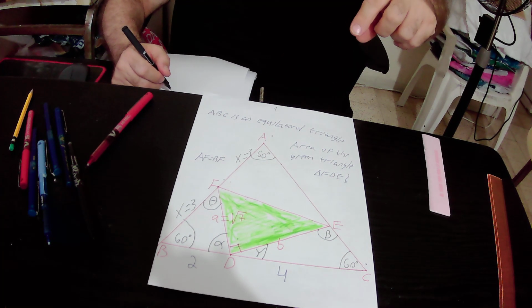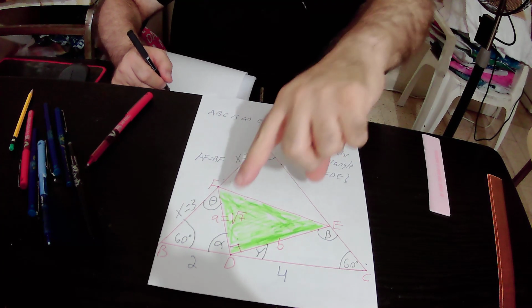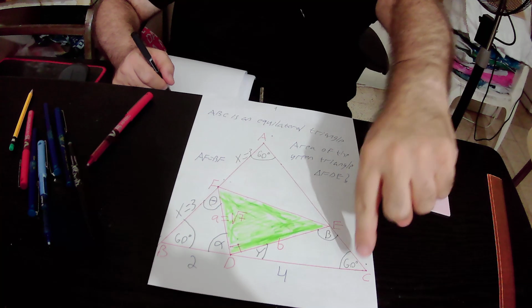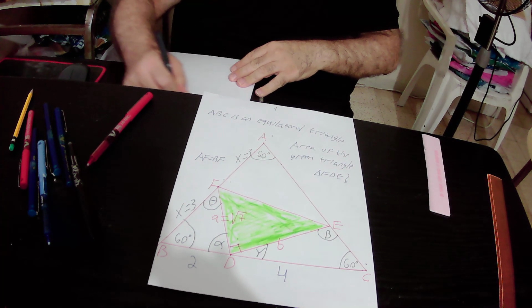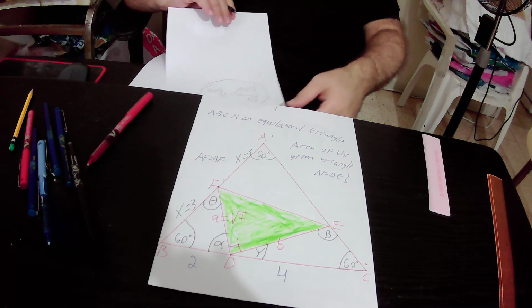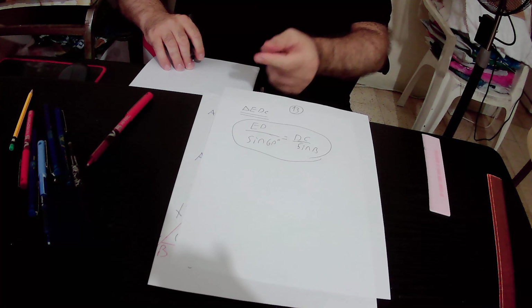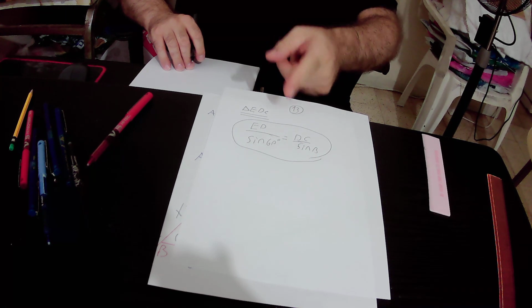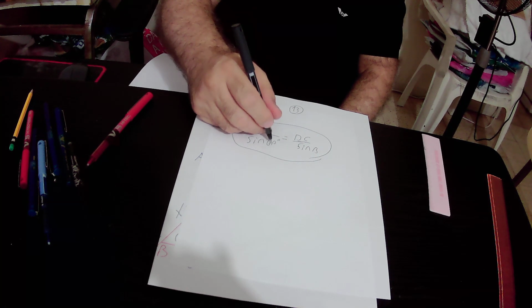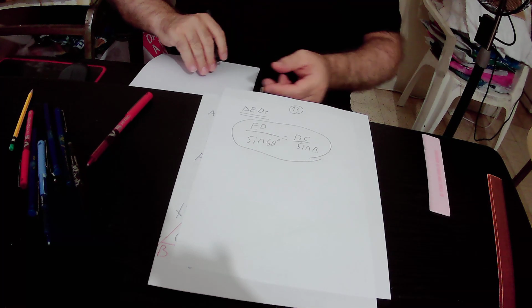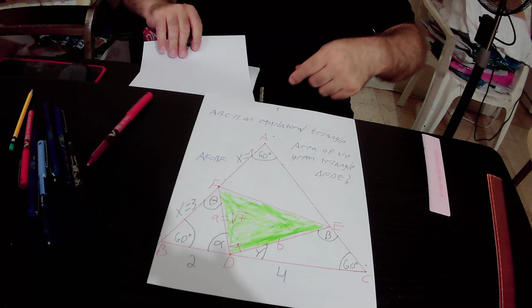Again, according to the law of sines in triangle EDC, ED over sinus 60 degrees equals to DC over sinus beta. Okay? But what is the value of ED?